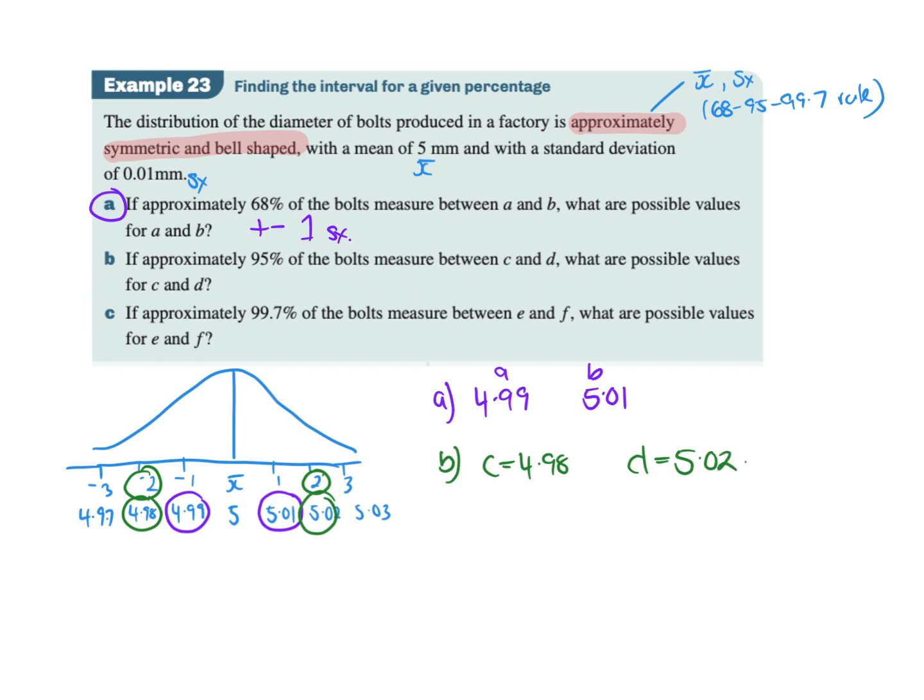And then the last one, C, it says approximately 99.7% lie between E and F. What are possible values? What could E be? 99.7 is 3. So E could be 4.97 and F is the higher one, 5.03. Okay?